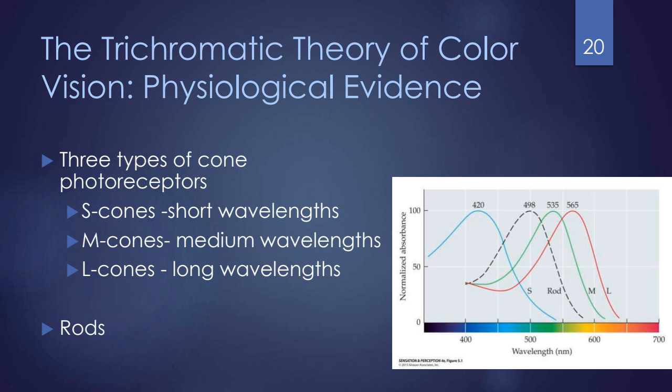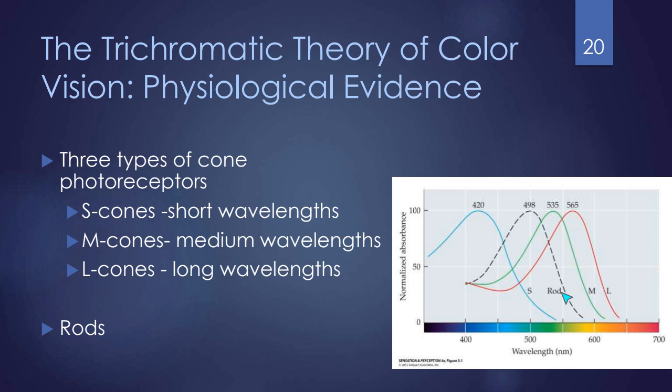So we've got our 3 cones, with maximum sensitivity at short, medium, or long wavelengths. And we've got this one single type of rod receptor in the middle, just to remind us that there's 4, but we don't really talk too much about rods in color perception.